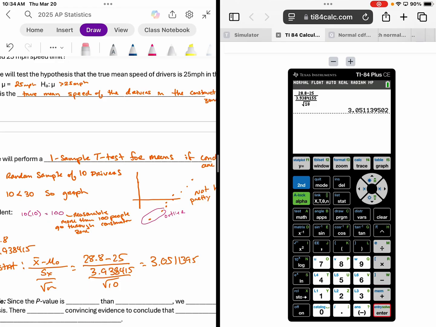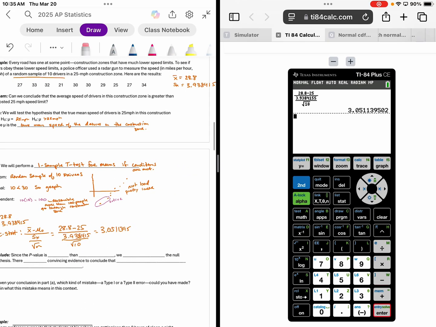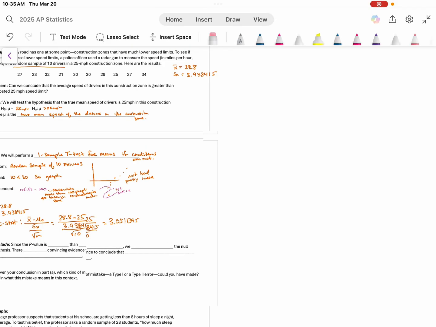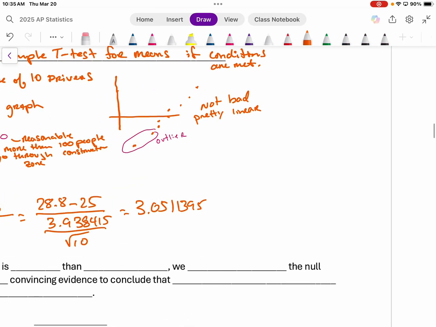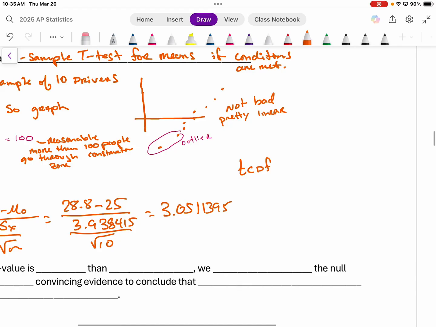So now that I have my test statistic, as I shrink my screen so I can write my code here, we are going to do a TCDF. We are doing greater than, so that means my lower bound is my 3.0511395.